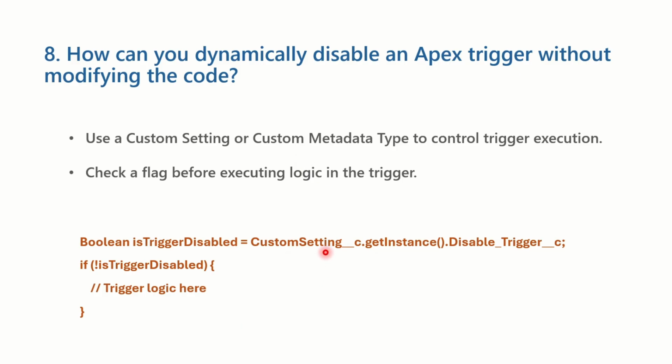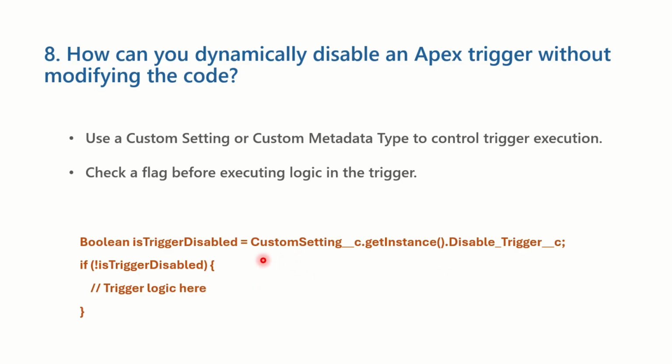Here a custom setting, Disable Trigger, is created in the system, and if this Disable Trigger is true, then the trigger is going to be bypassed, so no logic is going to execute. This variable has to be false to execute your trigger.